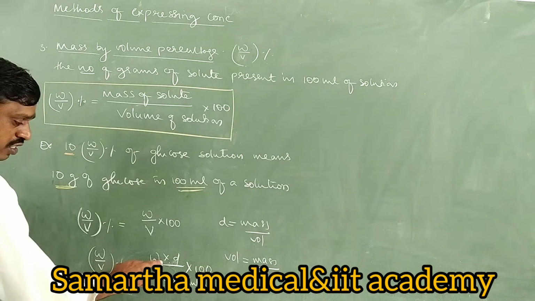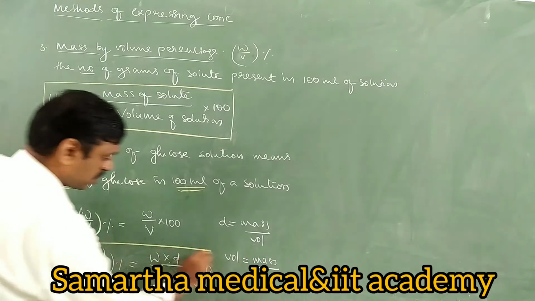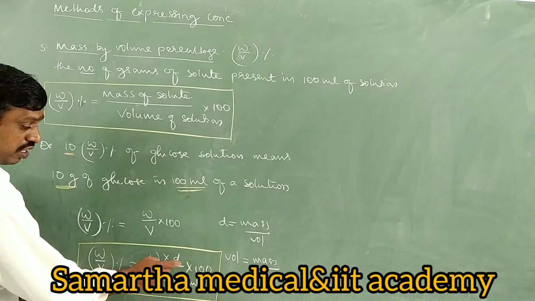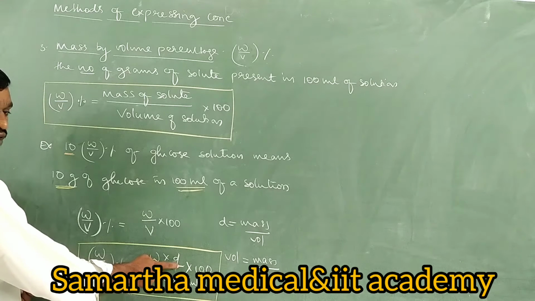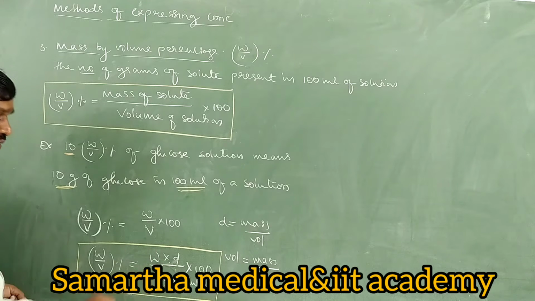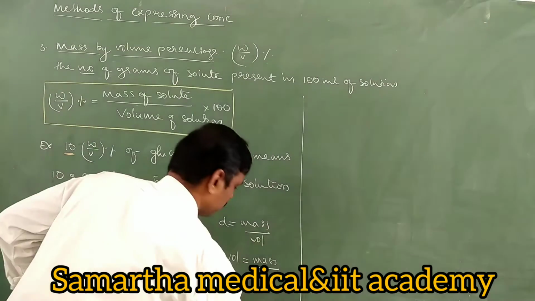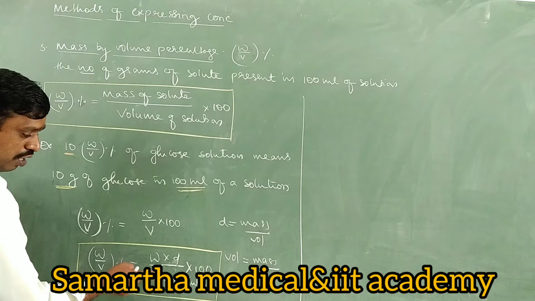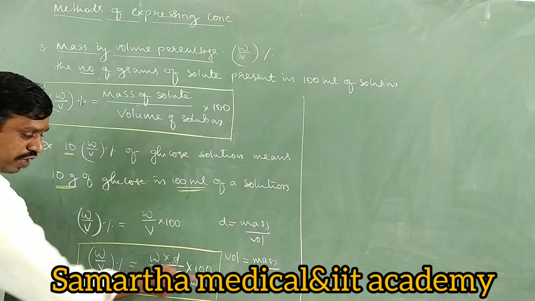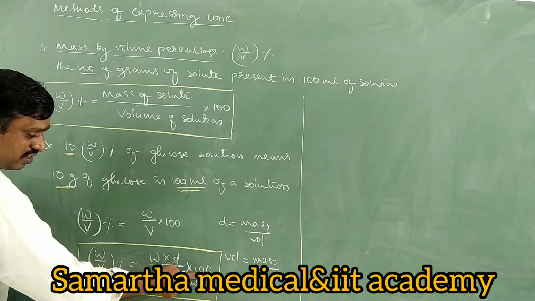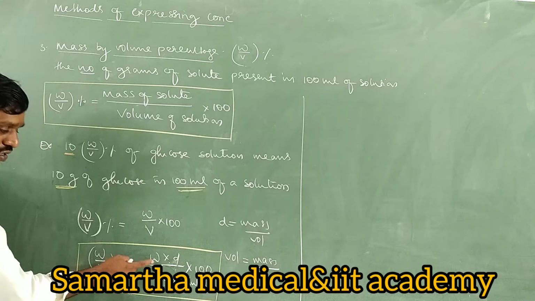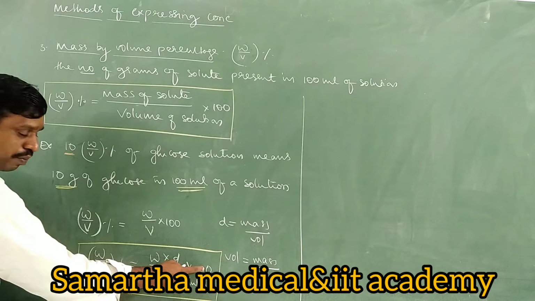Here W is the mass of the solute, and D is the density of solution. The mass of the solute by the mass of the solution into 100 is the W by W percentage, the mass percentage.